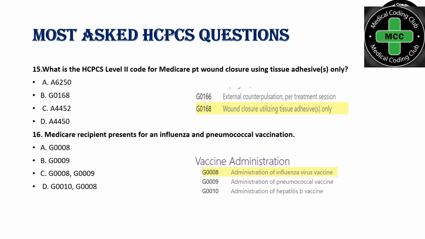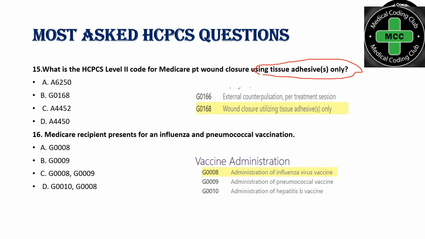Next question, what is the HCPCS level 2 code for a Medicare patient wound closure using tissue adhesive only? Tissue adhesive only is being used. Normally, if you code for any laceration repair closed with only adhesive, we don't code any integumentary codes.